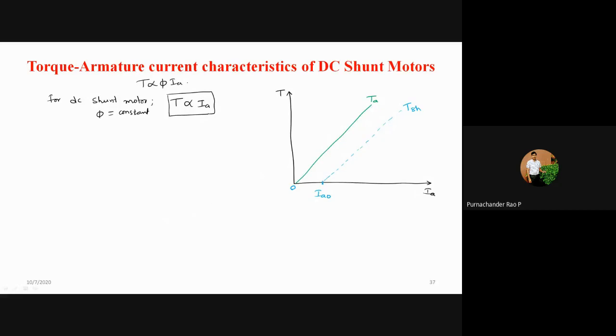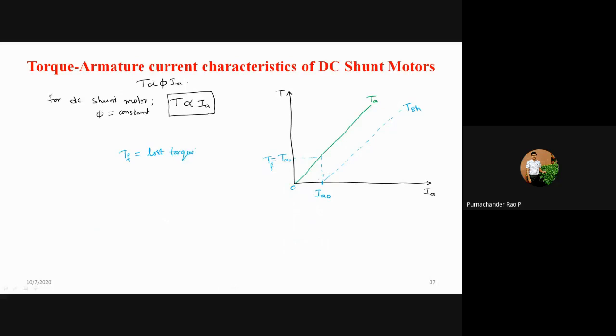Under no load, shaft torque is going to be 0, but there is a certain amount of torque which is known as lost torque, TF.